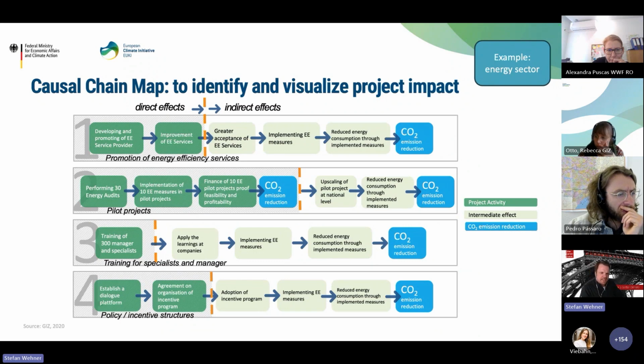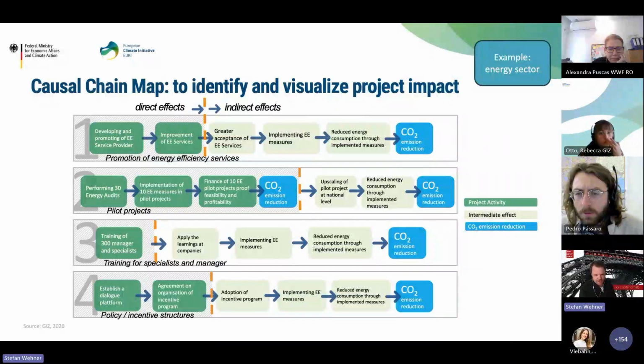The same, or a different case, we have in number 2, where we have implementation of pilot projects. For example, your project is performing energy audits in schools or other public buildings. And out of those audits, 10 projects would be implemented with real energy efficiency measures, which are also financed by your project.